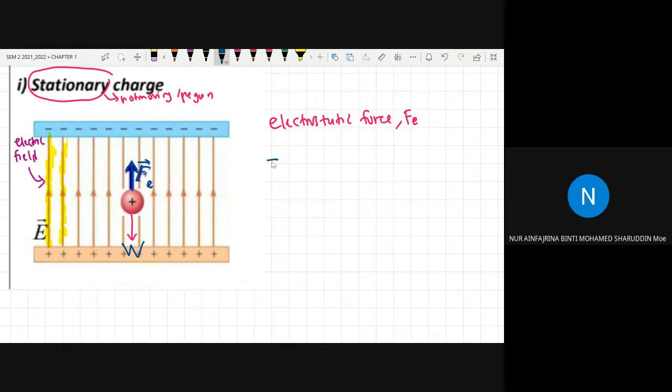Kalau dia tak bergerak, maksudnya summation of force in Y component dia adalah 0. Sebab dia not moving, dia tak akan ada acceleration, there's no velocity. Dia ada 2 force: satu force adalah electrostatic force dan lagi satu force adalah weight. Jadi electrostatic force tolak weight equals to 0, and electrostatic force equals to weight.